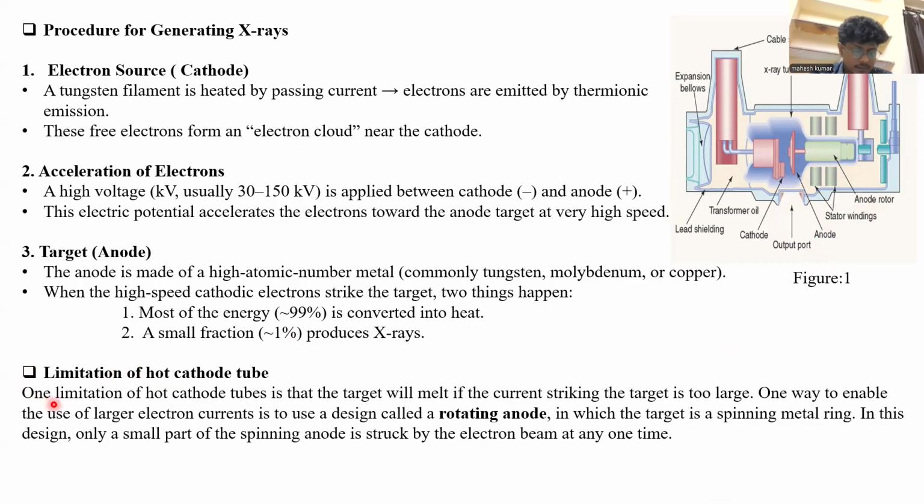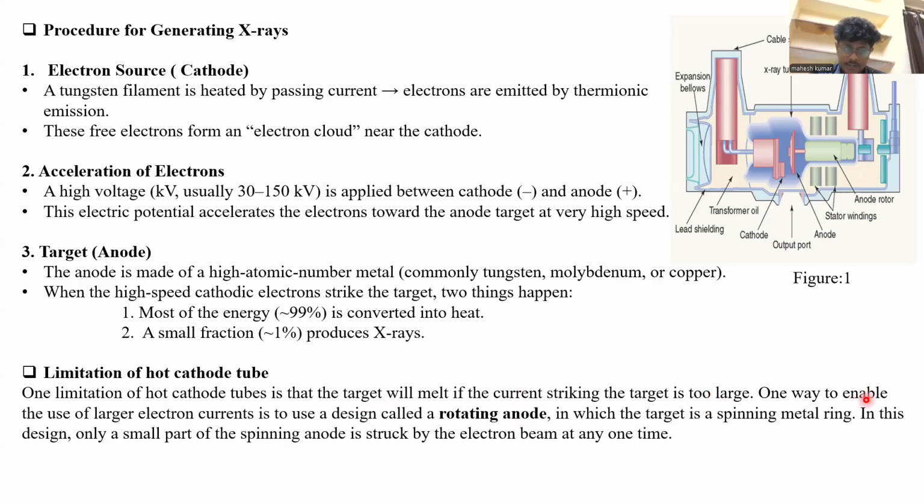One limitation of the hot cathode tube is that the target will melt if the current striking the target is too large, because we strike a high amount of electrons with high kinetic energy on the target.